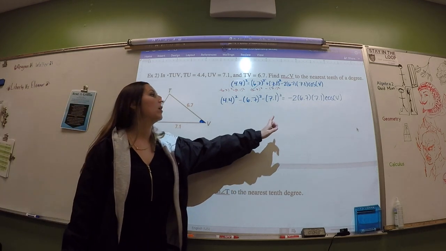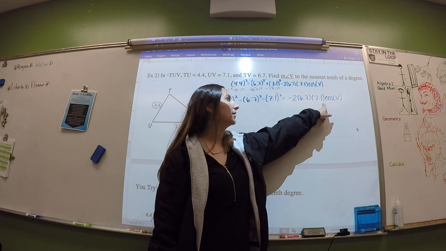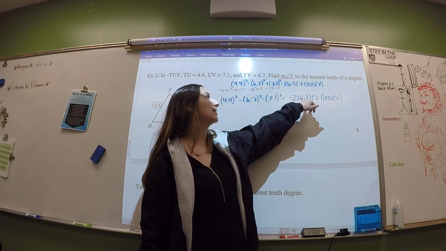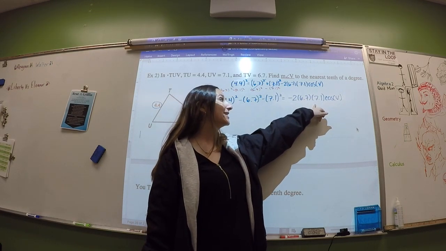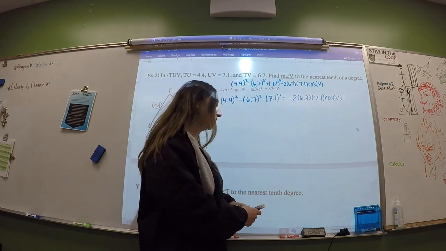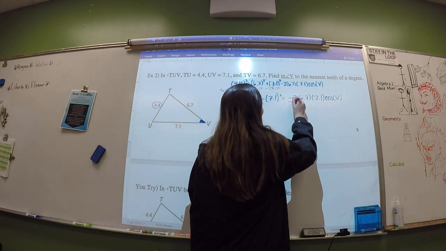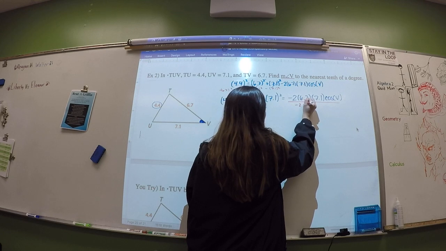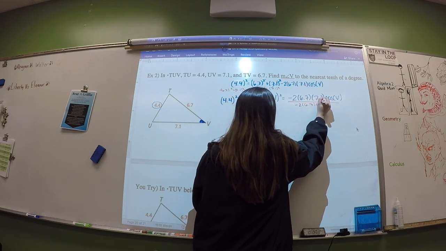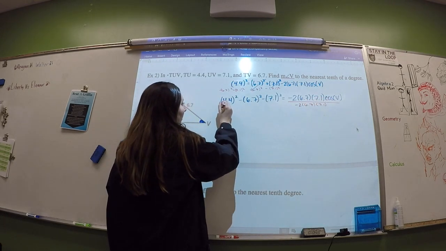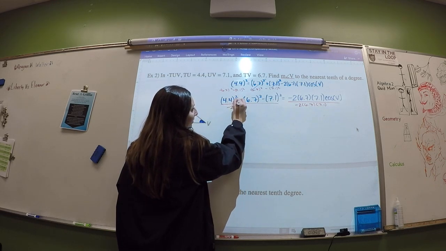Now we have all of this multiplied, this is 2 times 6.7 times 7.1 times cosine V, so I can just divide by all of these, and that will give me cosine V.